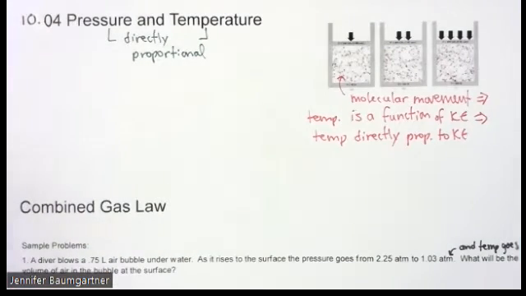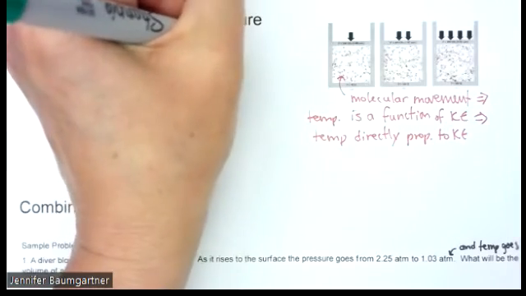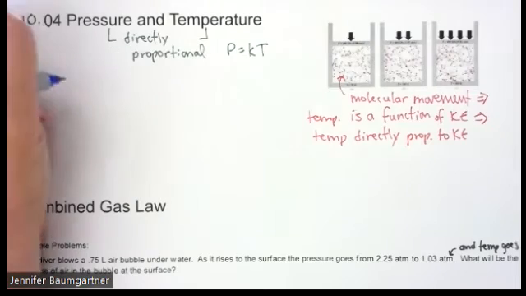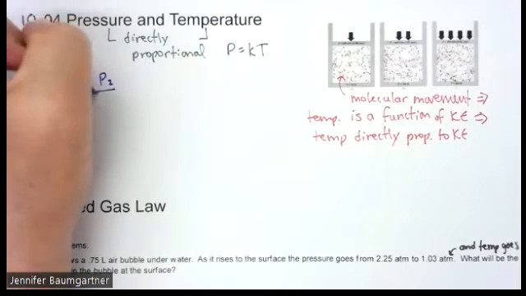If we were going to write this into an equation, we would say P equals a constant times temperature. Because they're on opposite sides of the equation, we know that they're directly proportional. Now, this isn't very helpful if we're talking about changes. So if we rewrite this, we can do P1 over T1 equals P2 over T2.